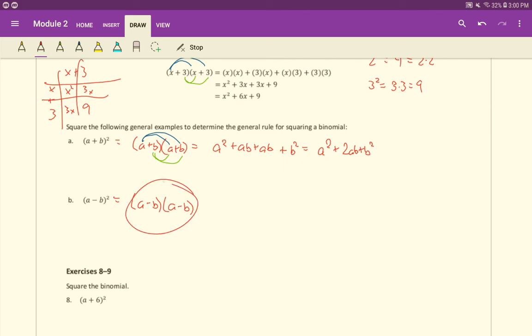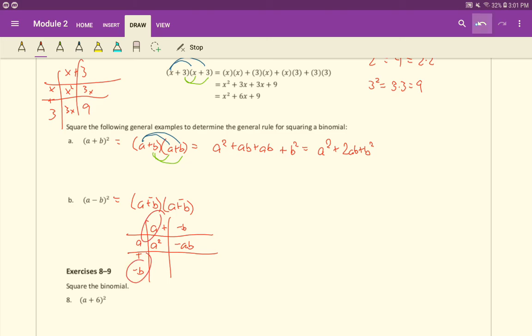Okay, let's do this one, and I'll do this one with a table. So to do that, I'll need to change it from a minus b to be a plus negative b and a plus negative b. And so a times a there is going to give us the a squared here. A times negative b is going to be minus ab.